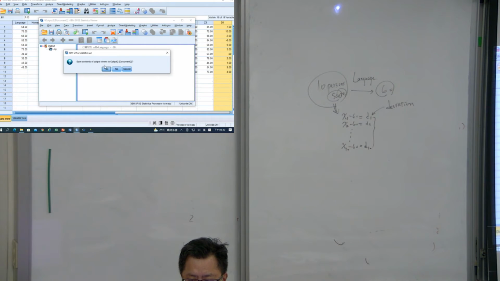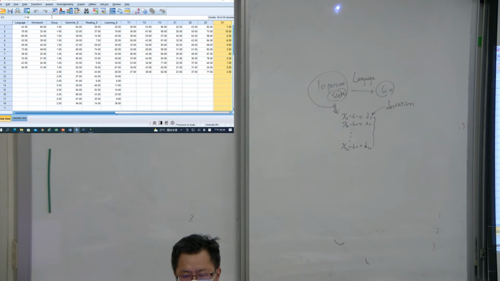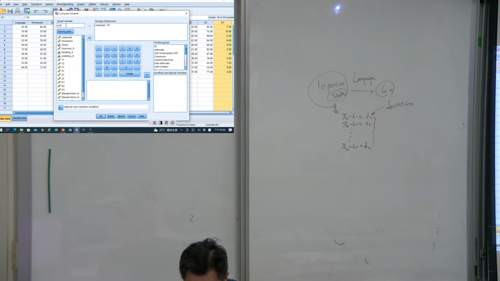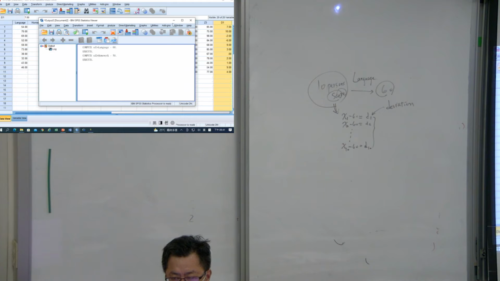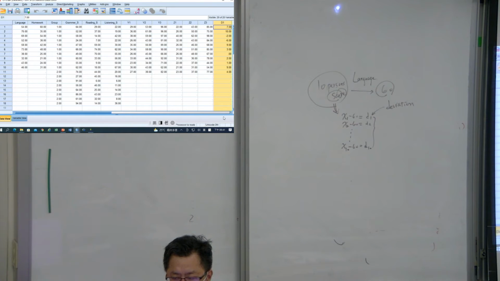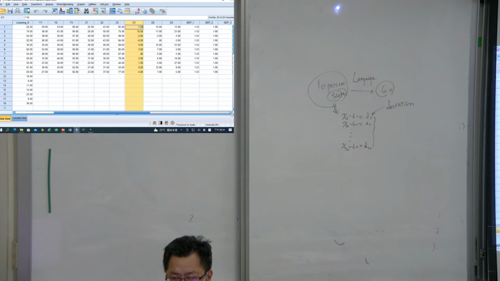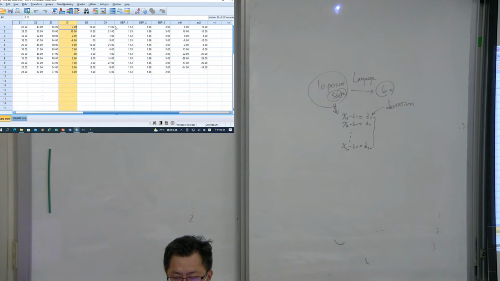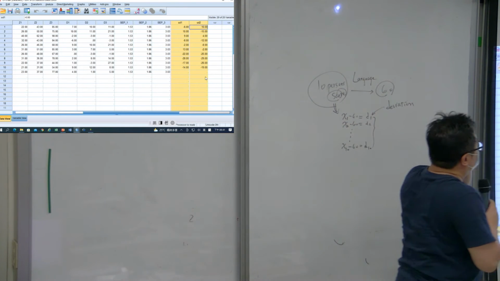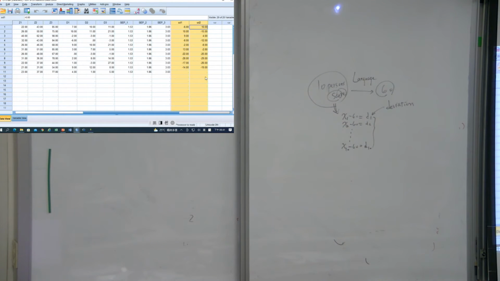Then I use SD2 as the minus 50, okay? So I have the two deviations. One is SD1, the other is SD2.